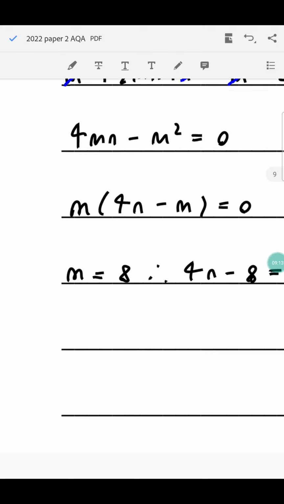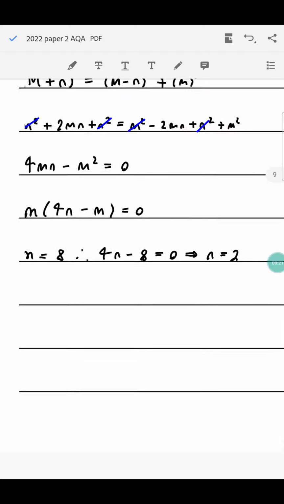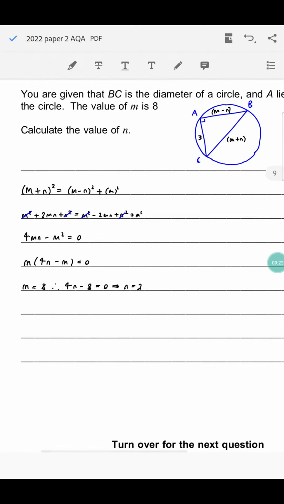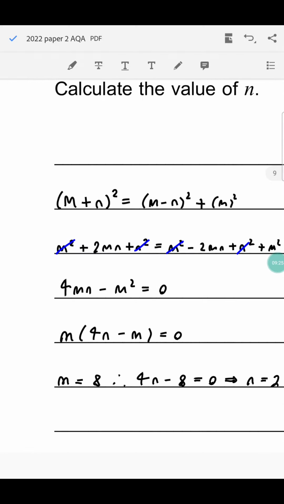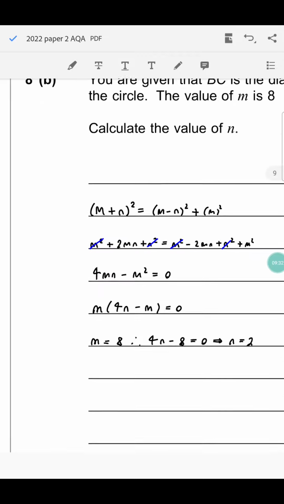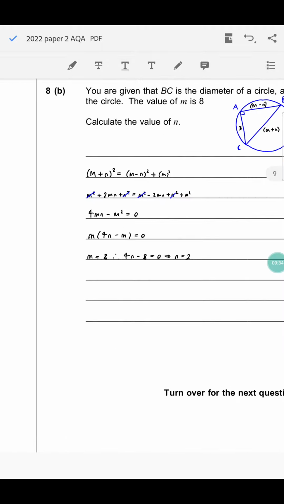So if I plug in 8, we get 8 bracket 4 minus 8 equals 0, so n is equal to 2. Or you can just plug it in: 8 plus n squared equals 8 minus n squared plus m squared, and then you expand that and simplify. You should get n equals 2.